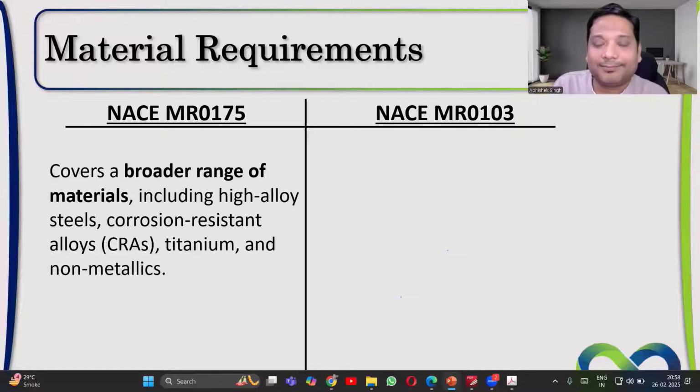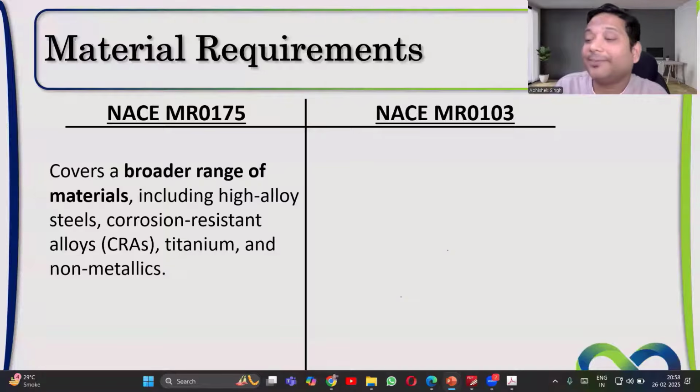Common materials which we generally use, like carbon steel, are used in both. Duplex is used in both. Corrosion resistant alloys, which we basically take as SS, duplex, or nickel alloys like Inconel, Incoloy, are the common materials which we are using.